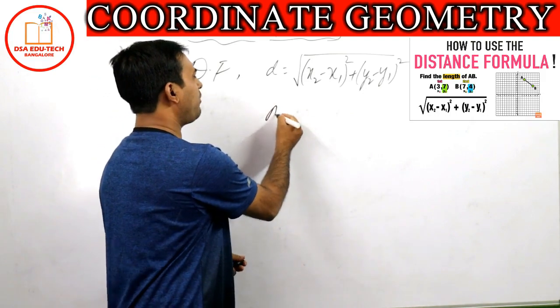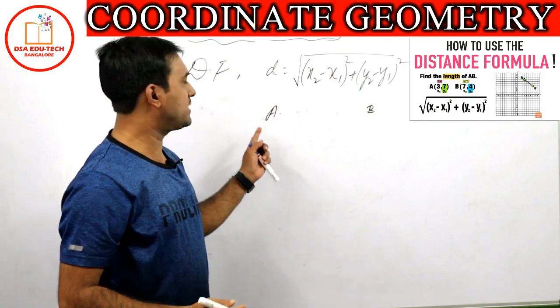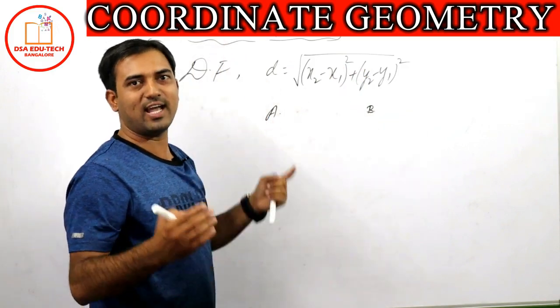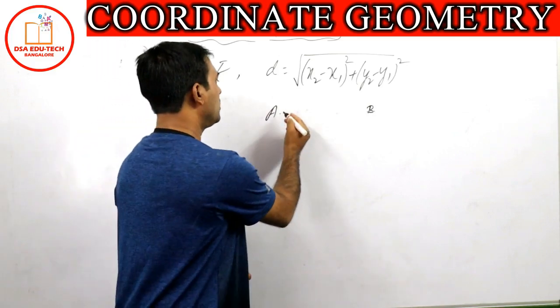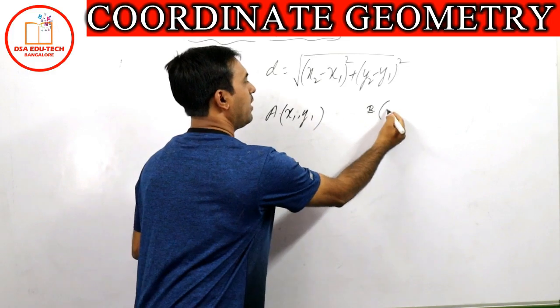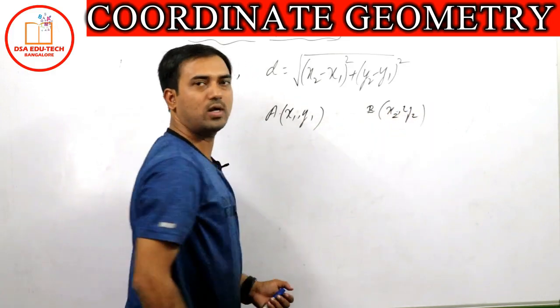So let me consider point number 1 and point number 2. I have named them A and B. As it is a coordinate, we'll have the x and y values. So I'm getting x1, y1, x2, y2.